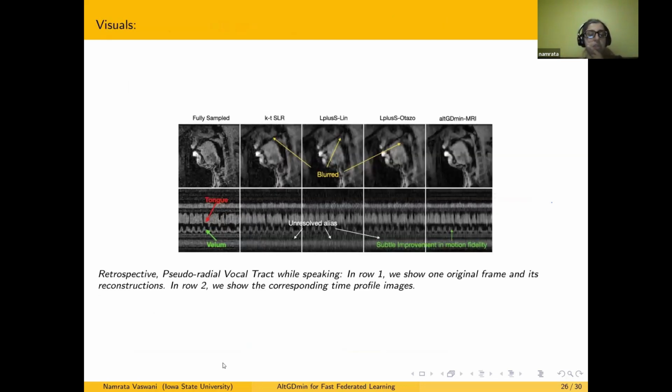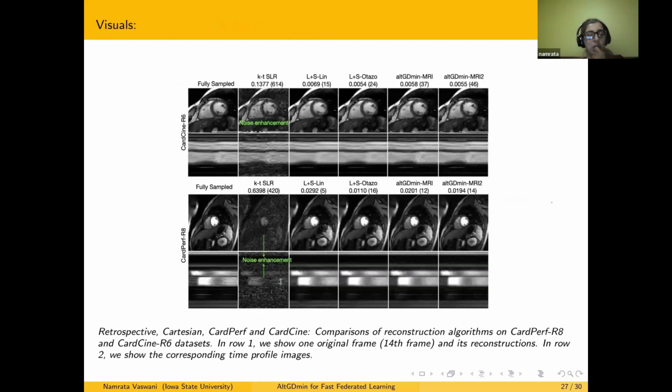And visually also we show the same thing. This is for vocal tract imaging while speaking. This is retrospective Cartesian, cardiac perfusion and cardiac cine imaging with Cartesian sampling. So in row 1, we are showing one fully sampled image, which is my true image, if you may.